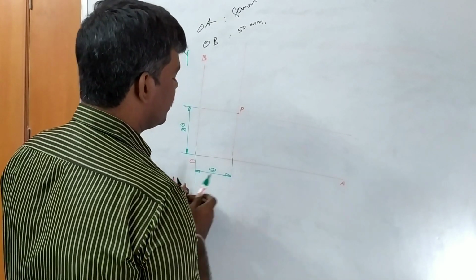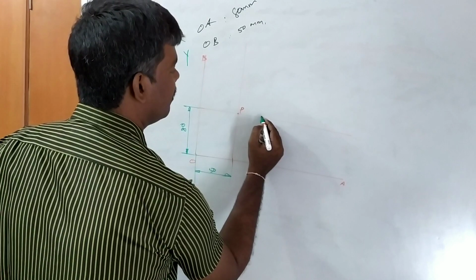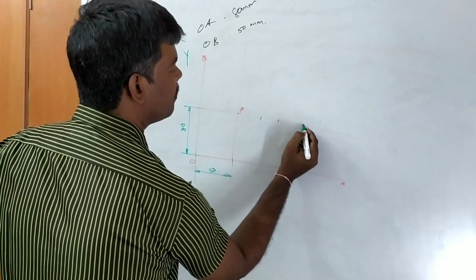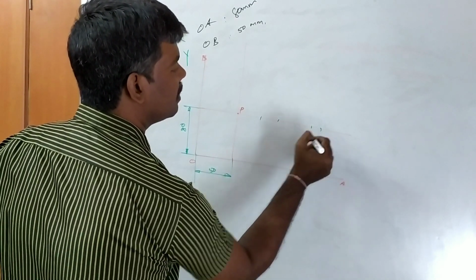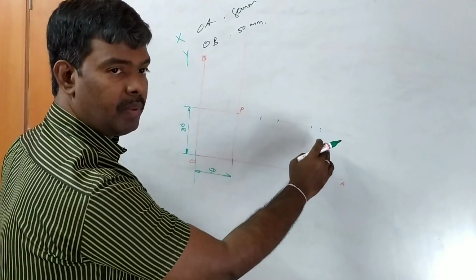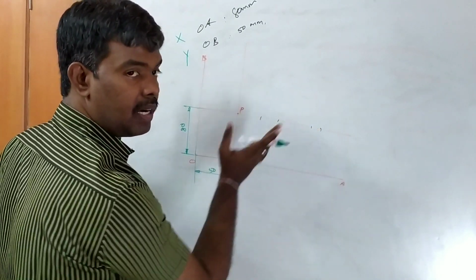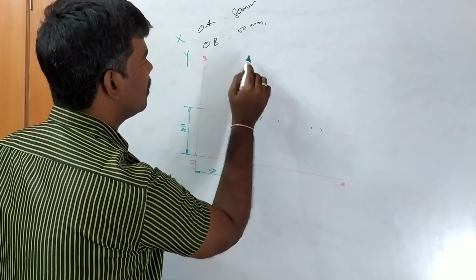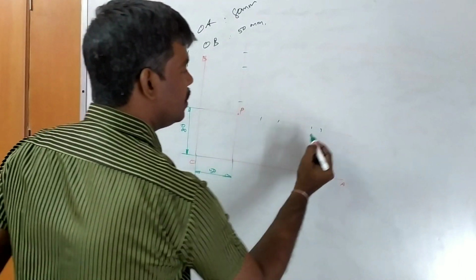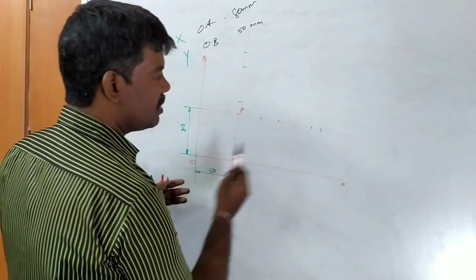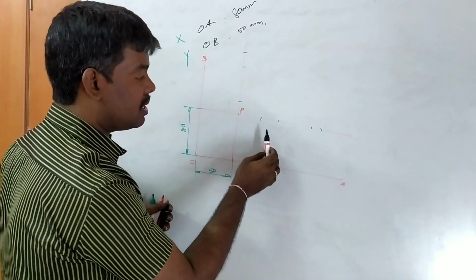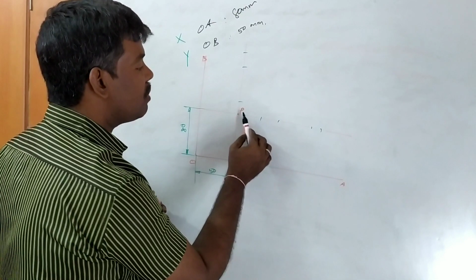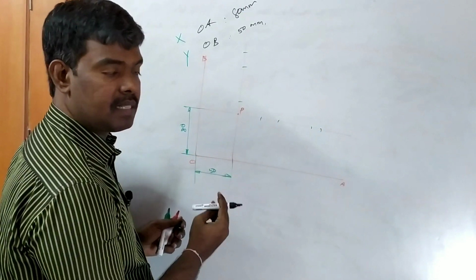For example, from P at some equal distance like this, we mark n number of points on the line parallel to OA, and similarly from here. We consider some distance randomly.